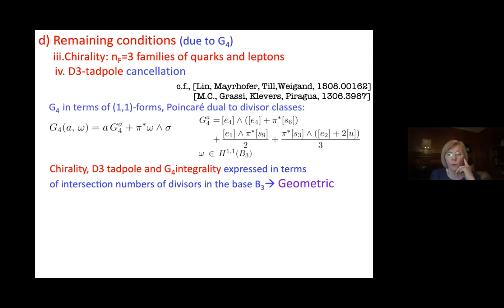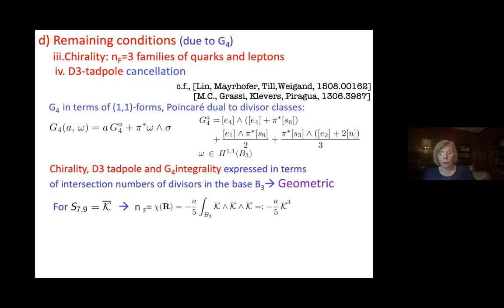And with this four-form flux, we can now go into our chirality calculation and the D3 tadpole cancellations. And what is key is that we can express all these conditions in terms of intersection numbers of the divisors in the base. So somehow this data associated with a G4 flux is also geometric.